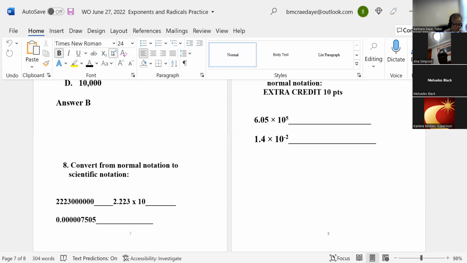Miss, a question there. So I should have brought forward the 2 after I put 2 point. What I have on my paper is 2.2 times 10 to the 9th power, but I didn't realize I should write 2.223. That's right, because that's what's in the number. I didn't say round it.